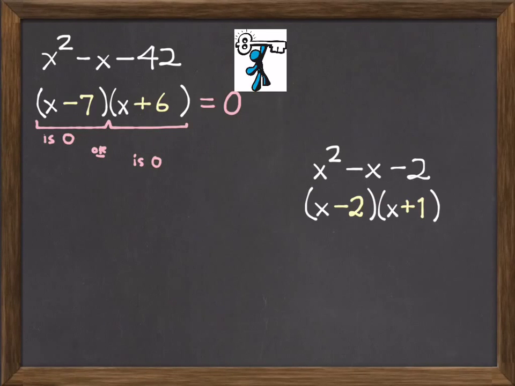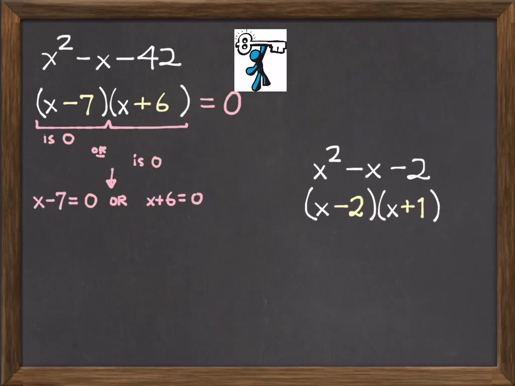So, why is this a good thing? What can I do according to this fact? Knowing that the product of two factors is equal to 0 means that one of the original factors must have already been 0 to begin with. And so what it does is it takes our one complicated equation and splits it into two much simpler equations.